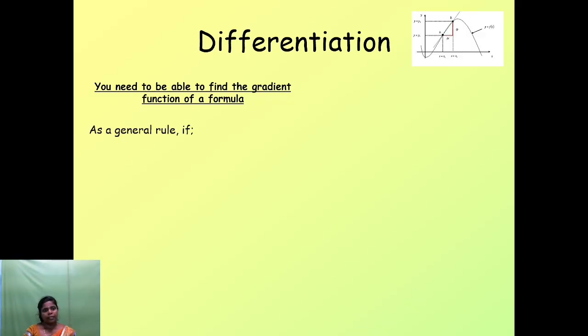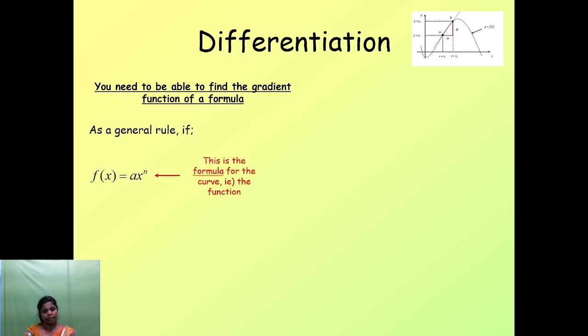Next, we see the general rule of differentiation for a constant and the variable. We consider a function f of x equal to a into x power n.